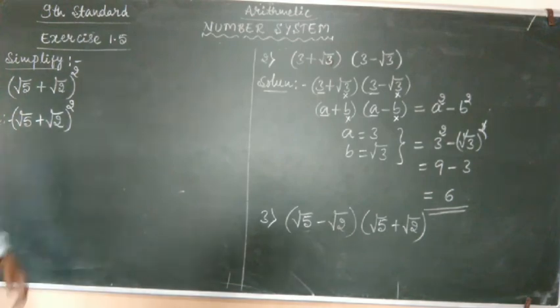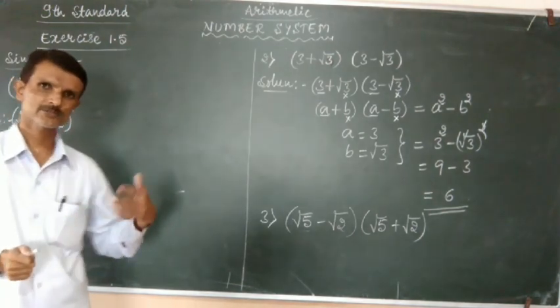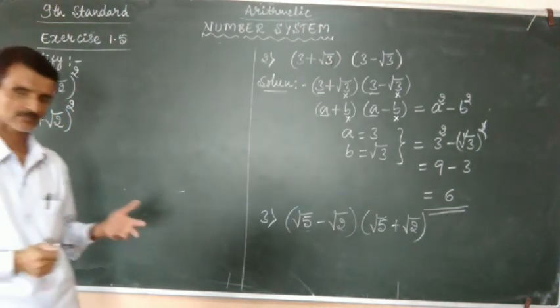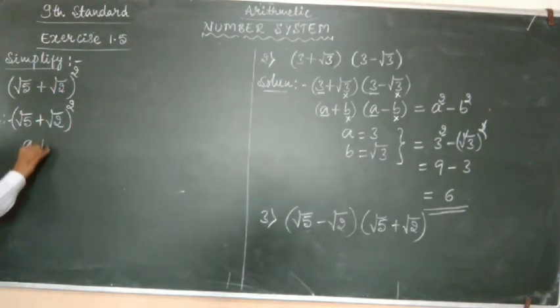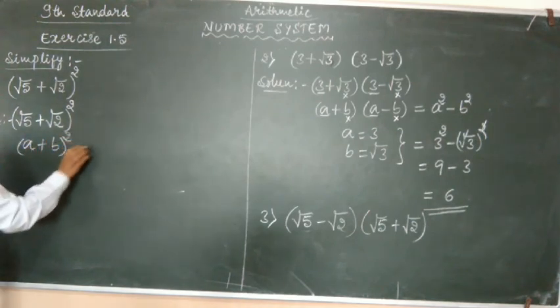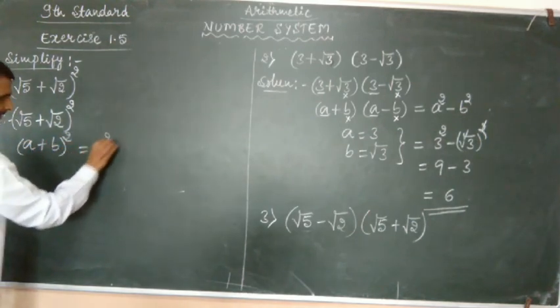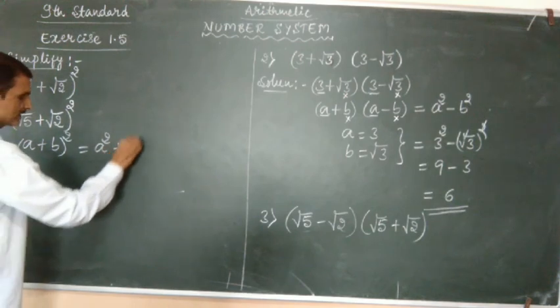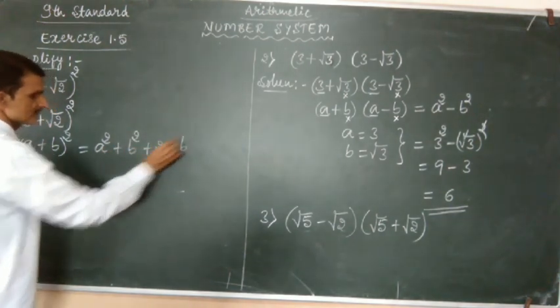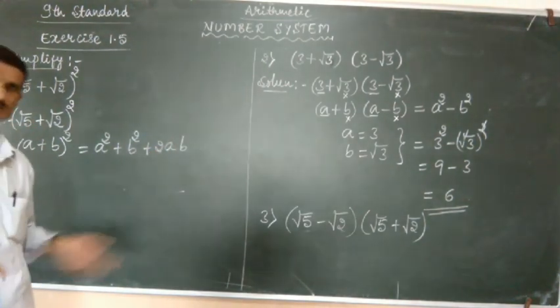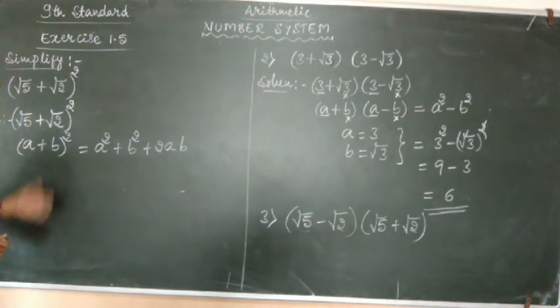Here in this problem we are going to use the identity or formula a plus b whole square. So the expansion of a plus b whole square is a square plus b square plus 2ab. This is already studied in the previous classes.